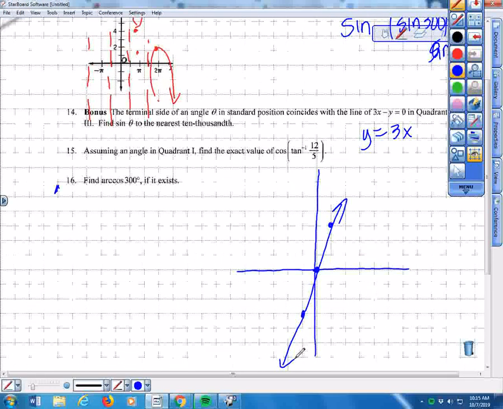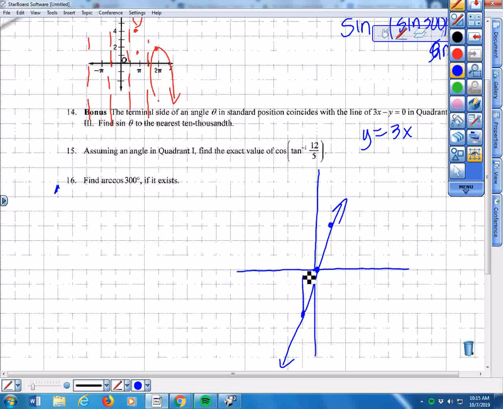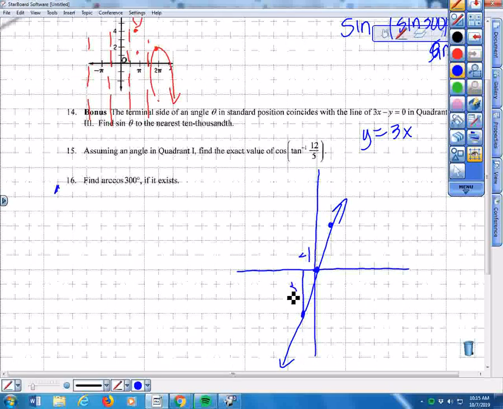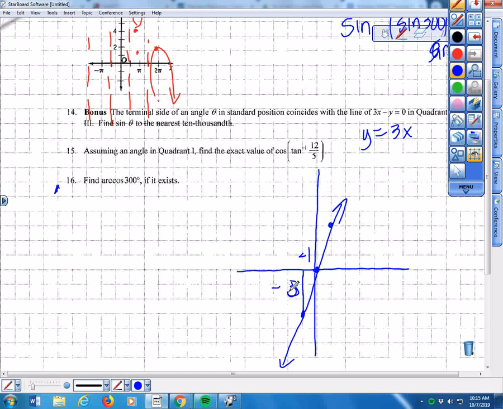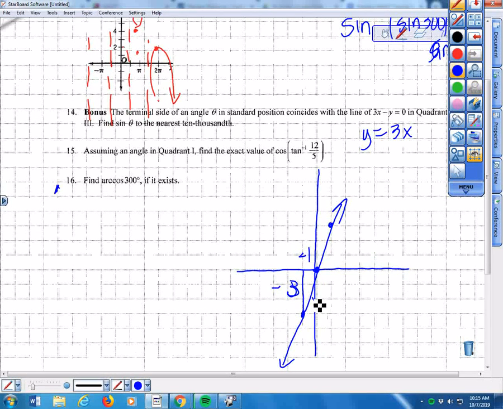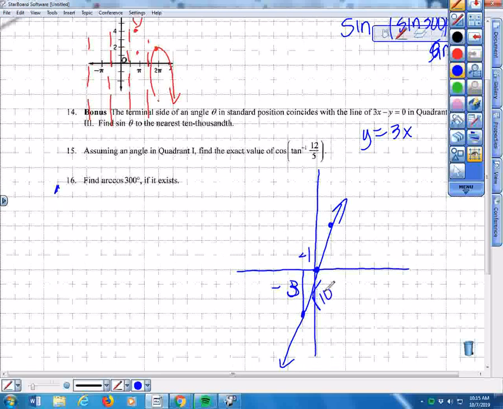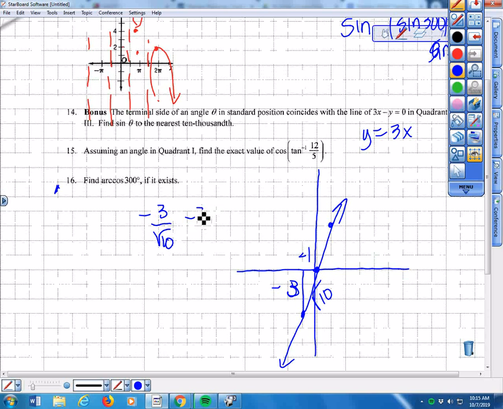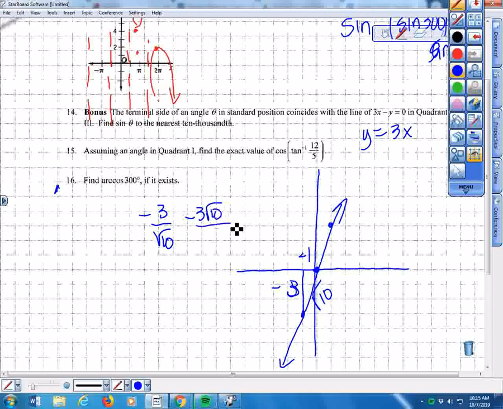If I draw my triangle, this is negative 1, this is negative 3. Square root of 10. Okay, so we want to find sine. We need the hypotenuse, the square root of 10. And sine would be negative 3 over the square root of 10, or negative 3 square roots of 10 over 10.